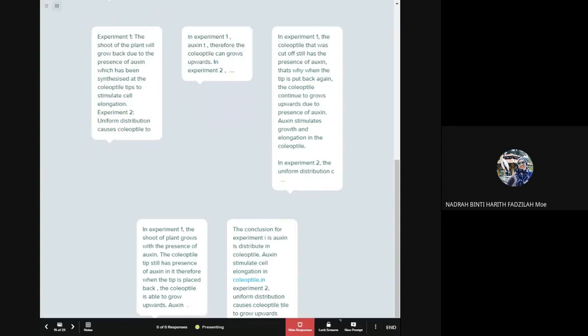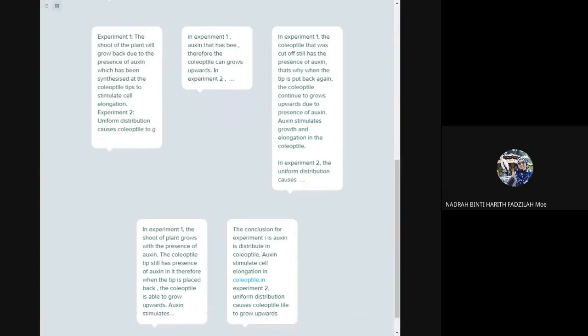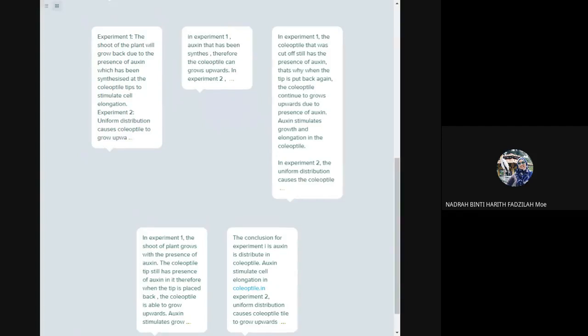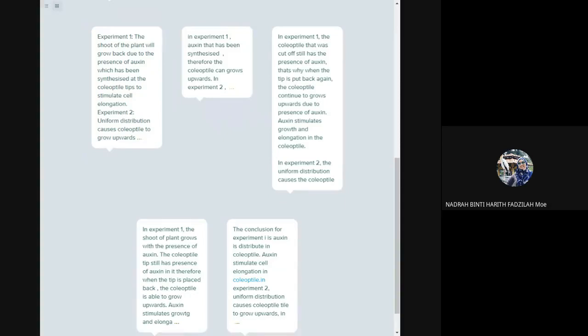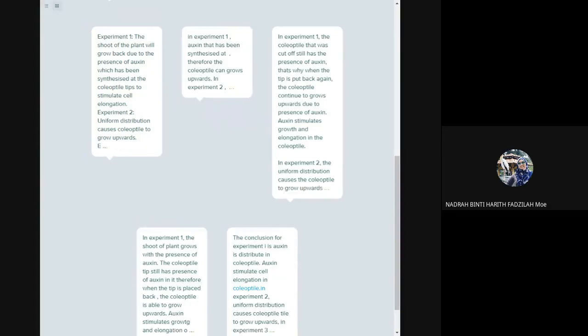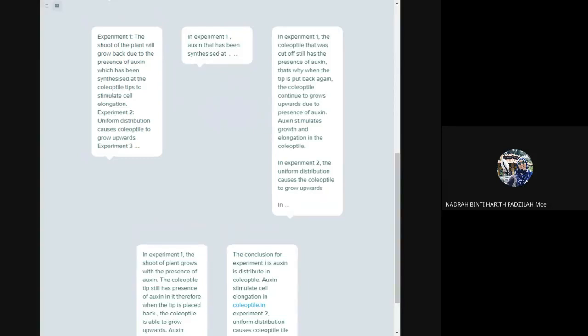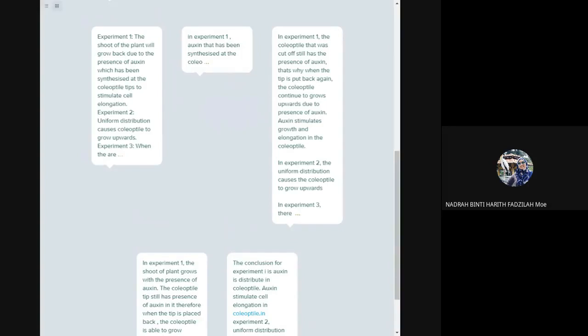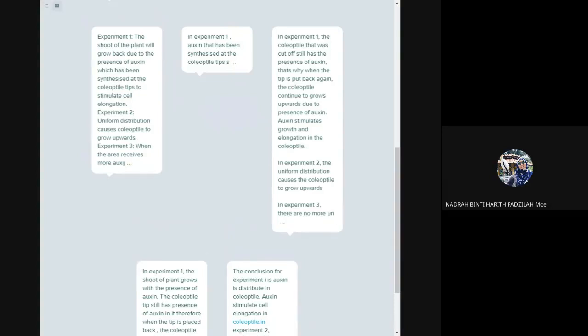Okay, untuk eksperimen 3, sebab dia letak agar block tu senget, so uniform distribution tu dah tak ada. We can see that when the area receive more auxin, that particular area grow faster. Therefore, we can see that the coleoptile grows to the side that receive less auxin.